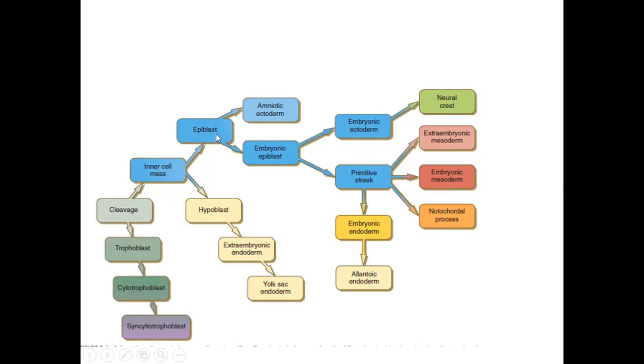Now the inner cell mass divides into the epiblast and the hypoblast cell layer. The hypoblast cell layer will give rise to Heuser's membrane, and the epiblast cell layer is the mother of all the other cell layers except the extraembryonic mesoderm, which is derived from the extraembryonic endoderm or the hypoblast cell layer. That's all.